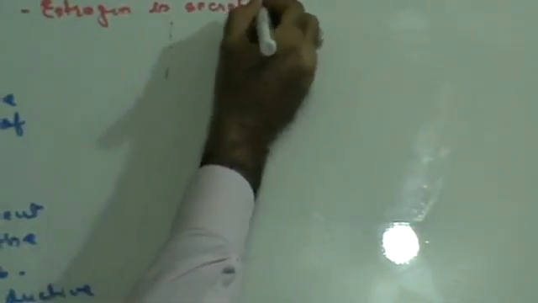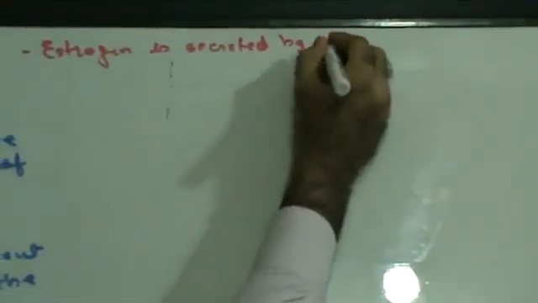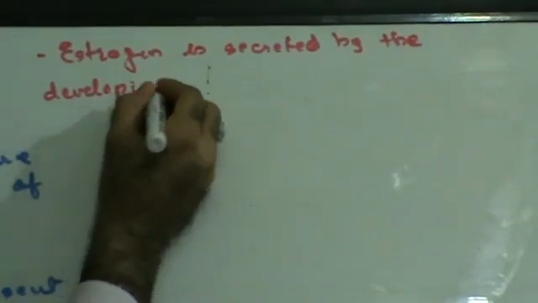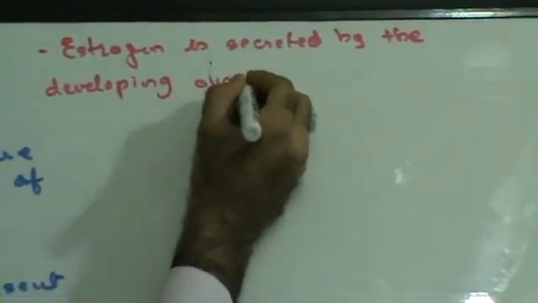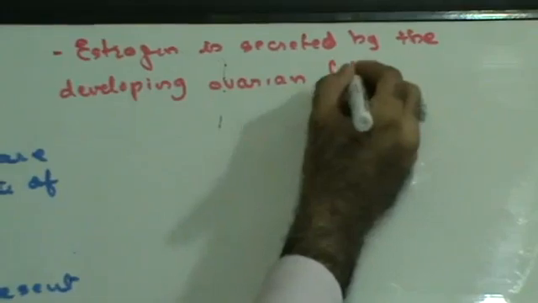Now, what does each one of these do? Estrogen is secreted by the developing ovarian follicle.